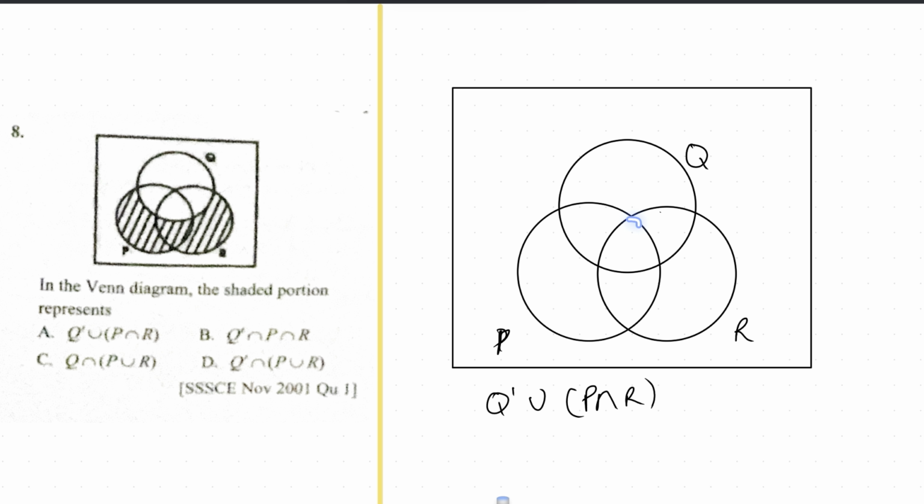And this portion is not shaded over here, so this cannot be the answer. If we continue, we will have to find the union, which means we have to find everything outside of Q and then join it with the intersection of P and R. So that does not work. The first one is out.